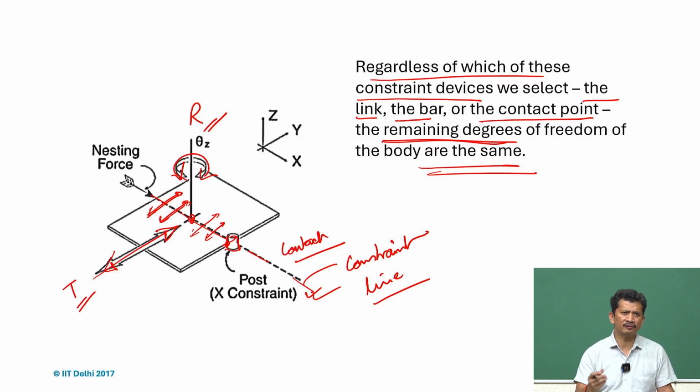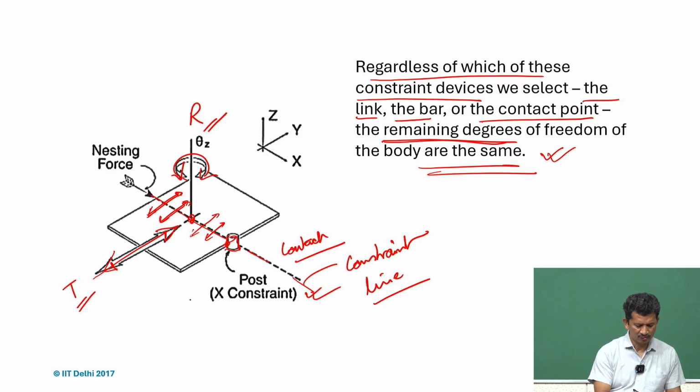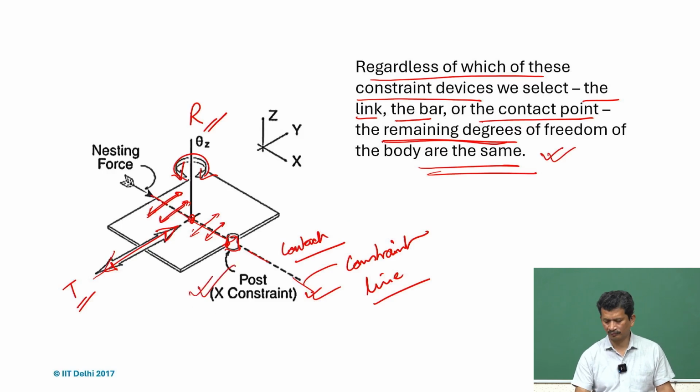Translation is very easy to visualize, but rotation sometimes is difficult, and for that we can always create some experiments and see for ourselves. On the table, on the board, we can try and we can see. So, in this case, both the rotation and the translation are the 2 degrees of freedom, which will always be there regardless of what means we use here.